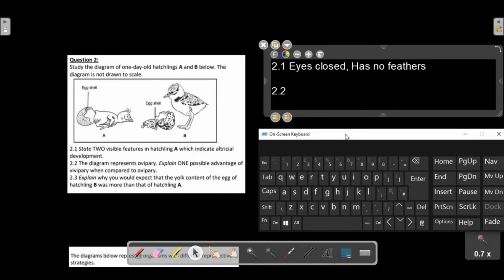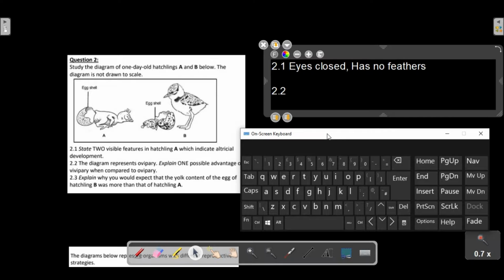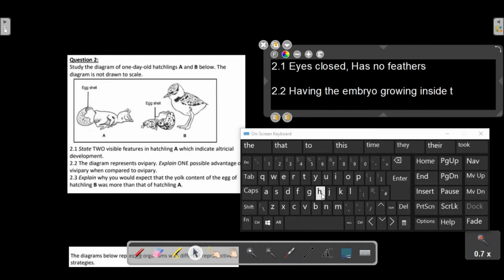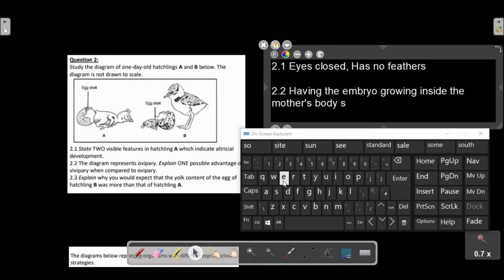Well, viviparous organisms have their embryos growing inside the female's body, and hence one advantage is that this protects them. So let's say having the embryo growing inside the mother's body provides better protection from predators.